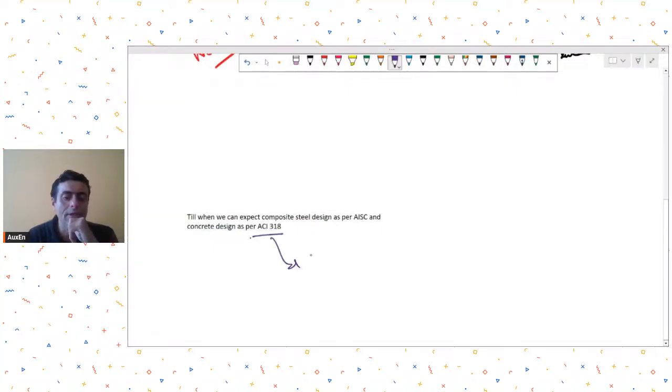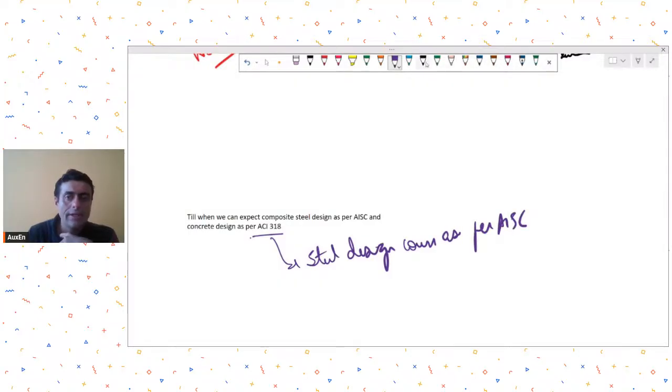So right now we are doing a steel design course as per AISC. It's a detailed, comprehensive steel design course as per AISC that we are doing right now. Then we will take up a concrete design course. It will be an in-depth, comprehensive concrete design course as per the ACI 318 code.